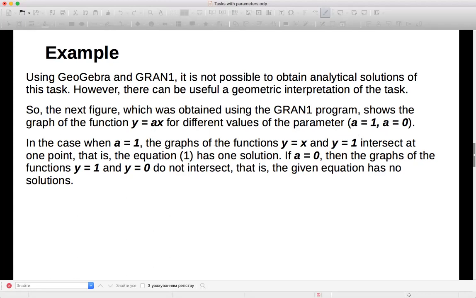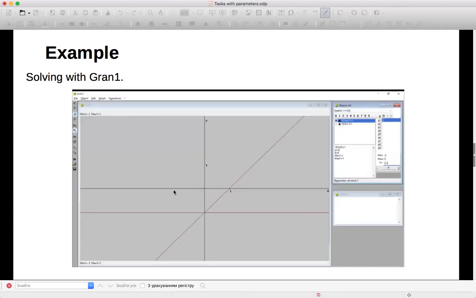In the case when a equals 1, the graphs of the functions y equals x and y equals 1 intersect at one point. That is, the equation marked 1 has one solution. If a equals 0, then the graphs of the functions y equals 1 and y equals 0 do not intersect. That is, the given equation has no solution. This slide represents the described solution by Gran 1.